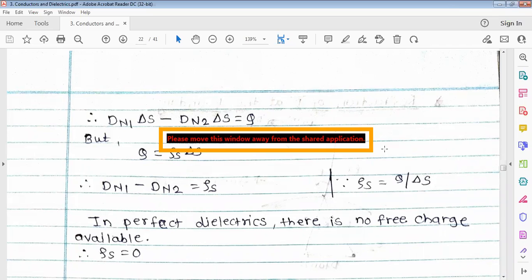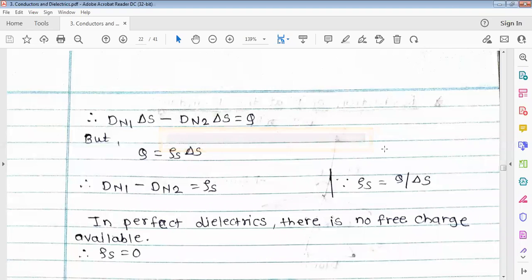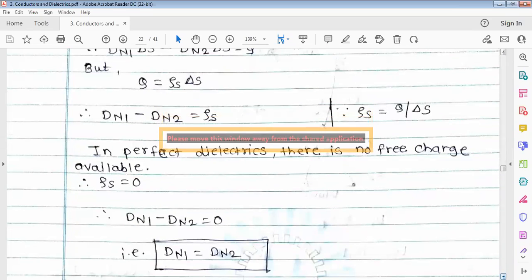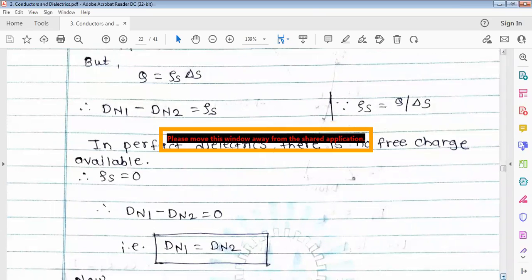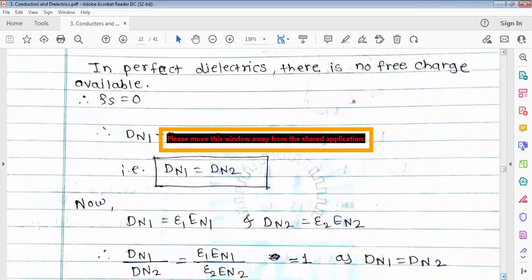If free charges are there, these are the conductors, and dielectrics are those having all bound charges. Therefore, the surface charge density is equal to 0 there. Therefore, dn1 is equal to dn2, which means the difference is equal to 0 and dn1 is equal to dn2.